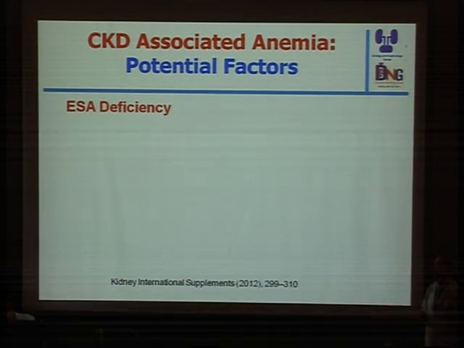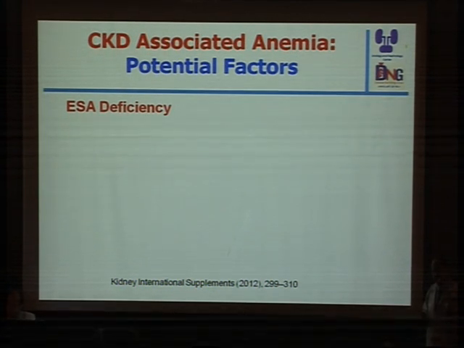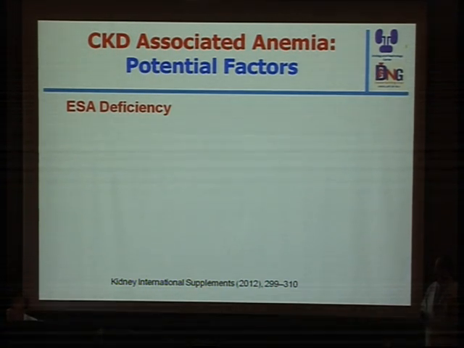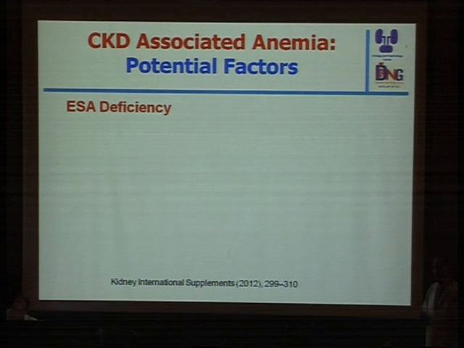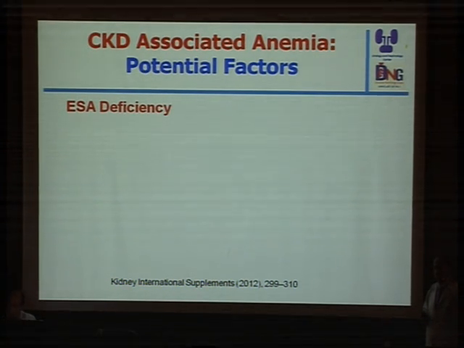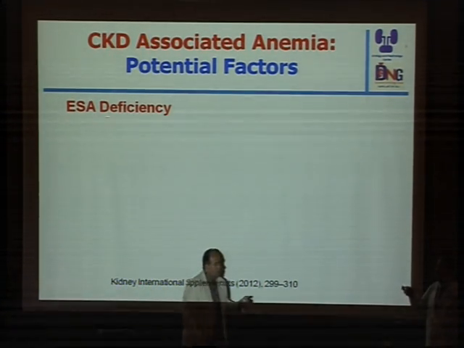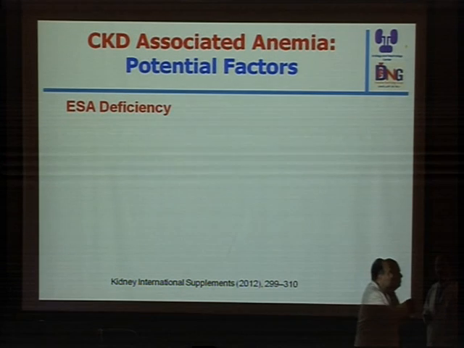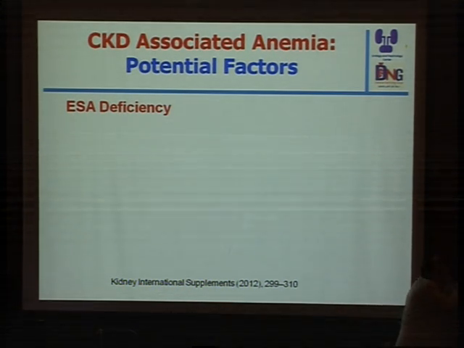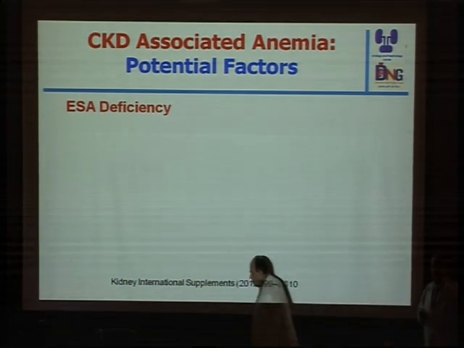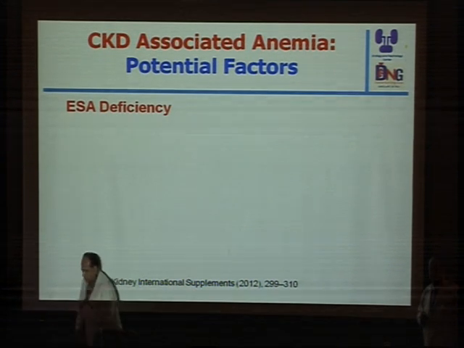My question now: what if I want to control anemia properly? I should know the potential pathogenic mechanisms. In a practical way, in chronic kidney disease, erythropoietin deficiency is one of the causes, and this is a question for you.